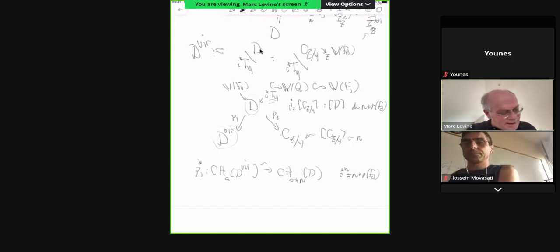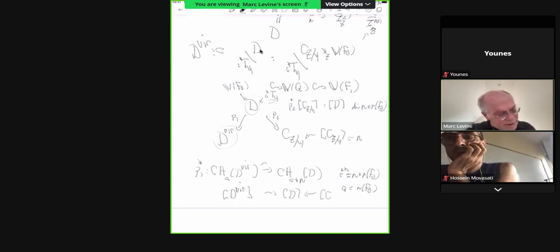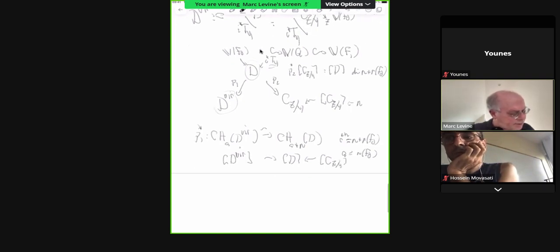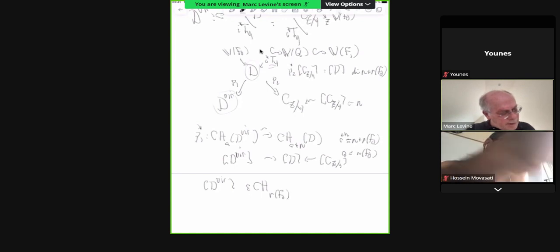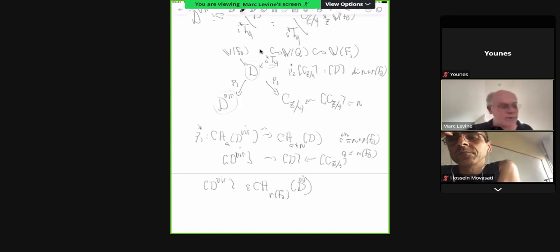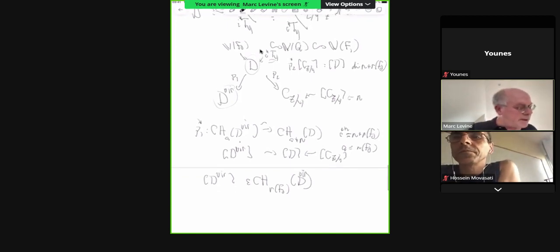So that says A is equal to the rank of F0. So we have a fundamental class D ver, which maps to the fundamental class D, which we got from the fundamental class of my cone. And this D ver lives in Chow, rank of F0 on D ver. Okay? So that's where the rank of F0 comes in.